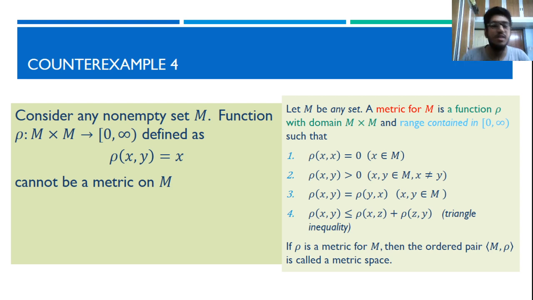So yeah, let me conclude the discussion on this question. I'm sorry about the confusion. Here we first notice that this particular metric won't work for any set other than a particular set, which we found out later, because it fails all three conditions.